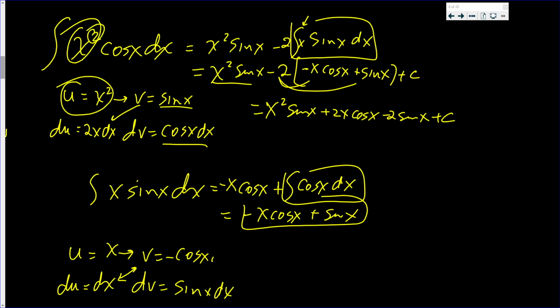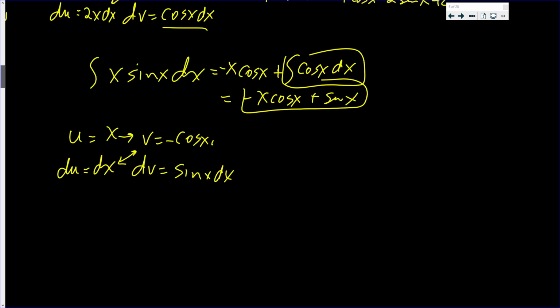If it was 3, we would have had to do integration by parts 3 times. If it was 4, 4 times. It gets pretty messy using this method if the power of x is larger than 2. I mean, even 2 was a mess. Okay.